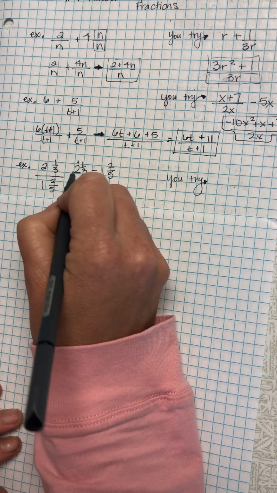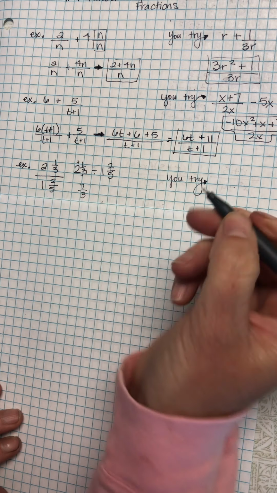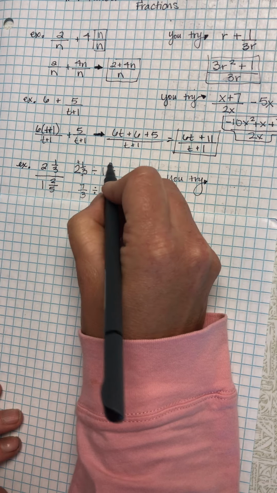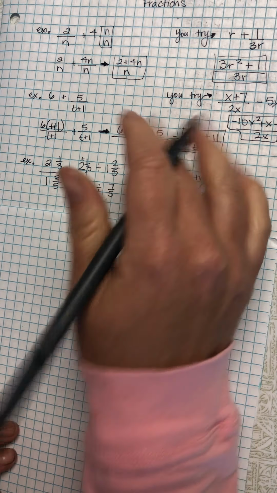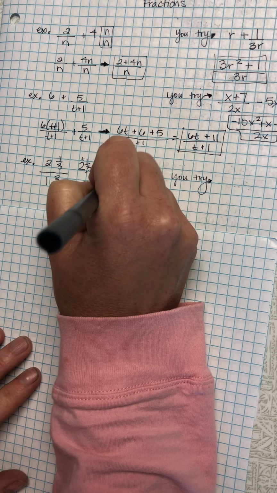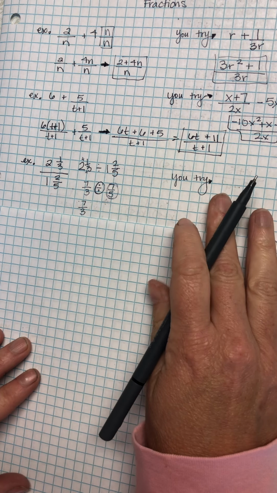And when you have these, you have to make them improper. So we would do 2 times 3 plus 1 to get 7/3. And then we would do the same for our second. 5 times 1 plus 2 is 7/5. And then, because it's dividing fractions, we change the second fraction, right? Copy, change, change.